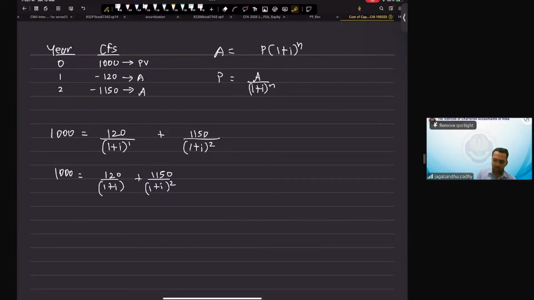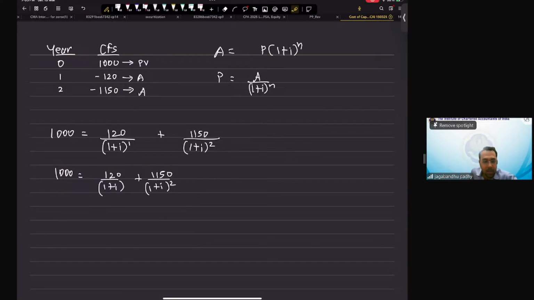But what if this is going to be for third year? Then this equation will extend to one more item, which will make it a cubic equation, even more complicated. If it's 4 years, then it becomes an equation to the power 4. So this sort of equation cannot be solved in pen and paper mode by forming an equation and solving it.